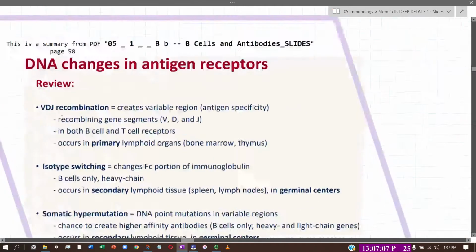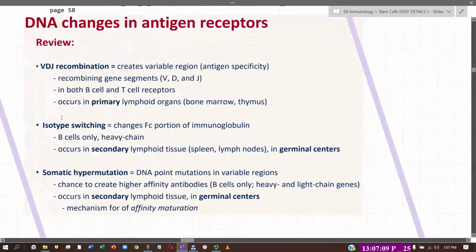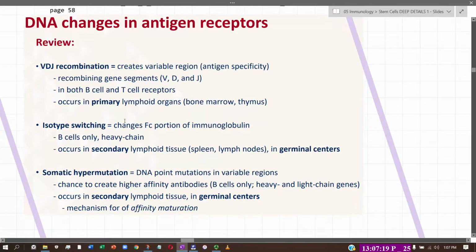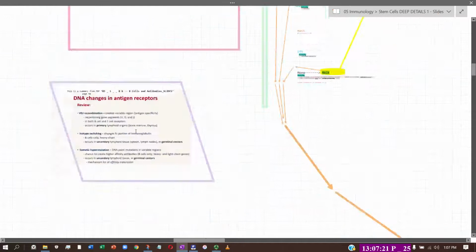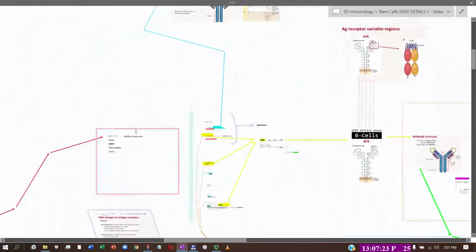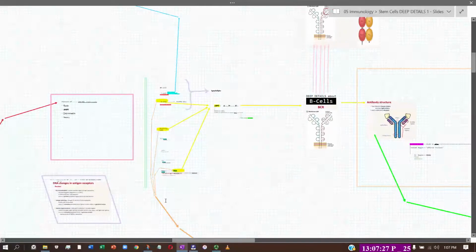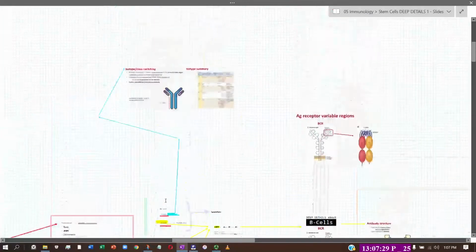So there are DNA changes in antigen receptors, and here's a review of three concepts: VDJ recombination, isotype switching, and somatic hypermutation. So what's going on then? Yeah, we'll come back to that and make sense of it as soon as possible.